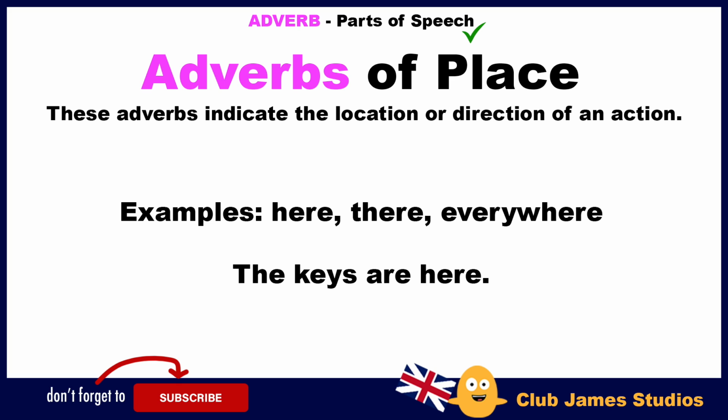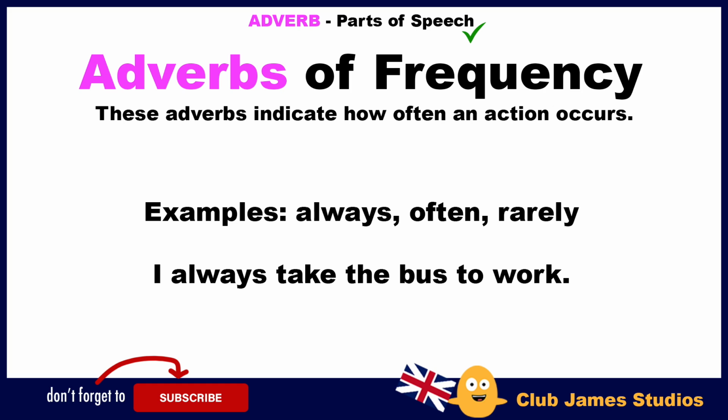Examples: here, there, everywhere. The keys are here. Adverbs of frequency. These adverbs indicate how often an action occurs. Examples: always, often, rarely. I always take the bus to work.